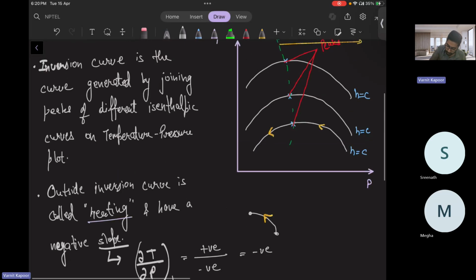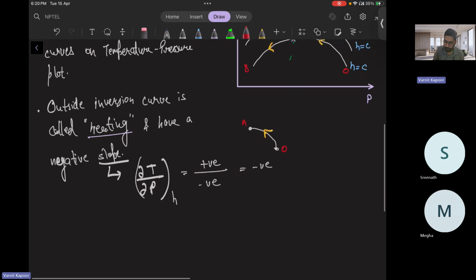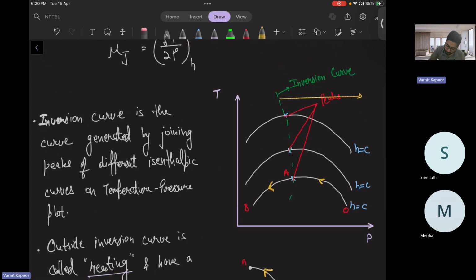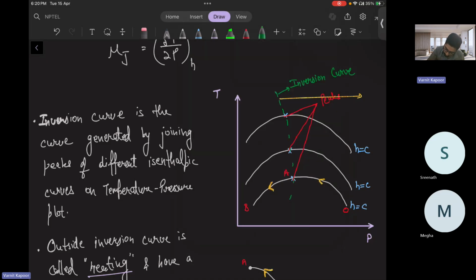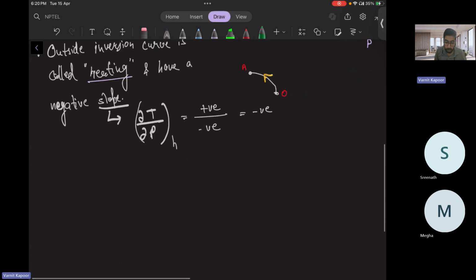Okay. I'll say this process goes from O, A, B. And this is O2. Your inversion curve looks like this. This is your inversion curve. And inside the inversion curve, that is the left-hand side, is your cooling region.